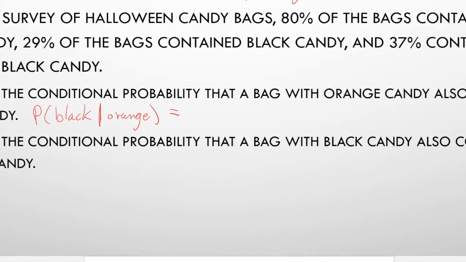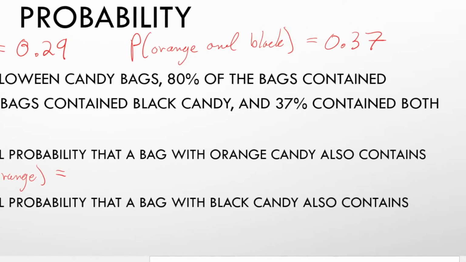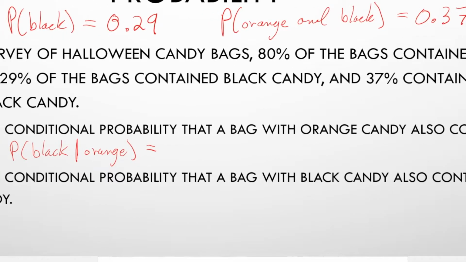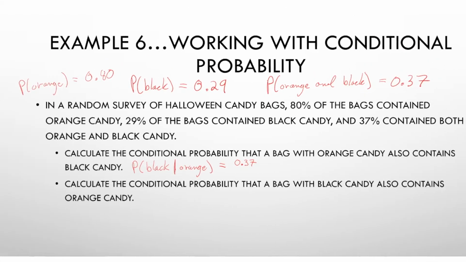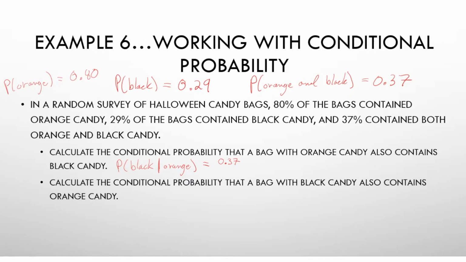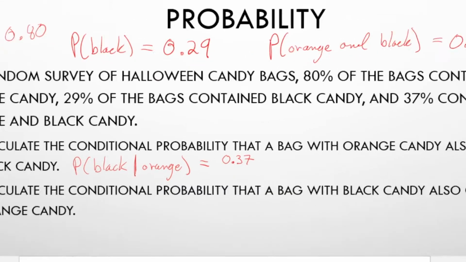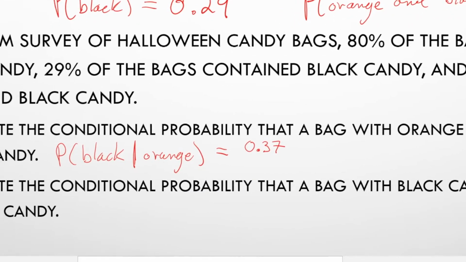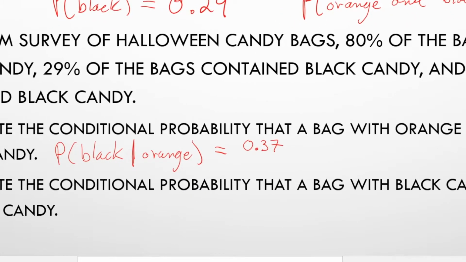So once we get that out, the top of our fraction is the and probability. So black and orange is 0.37. And then the given that it's orange, since we know that it's given, that's the bottom of our fraction. That goes on the bottom when we divide.